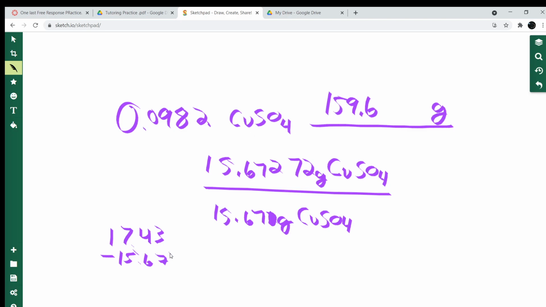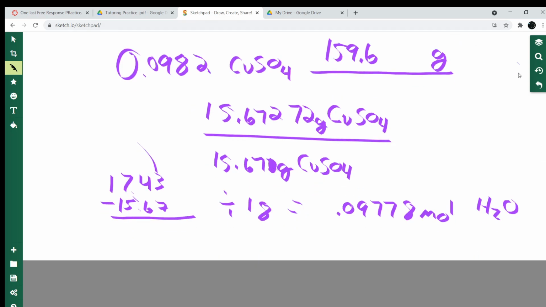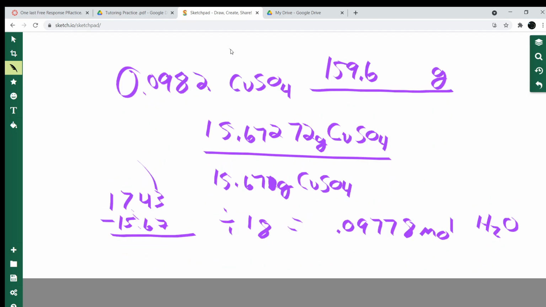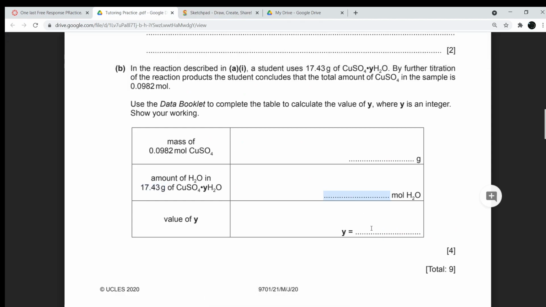And that number we have to divide by 18, because that's the molar mass for water. That's going to give us 0.09778 moles of water. Bam! We got this. We got that answer too.